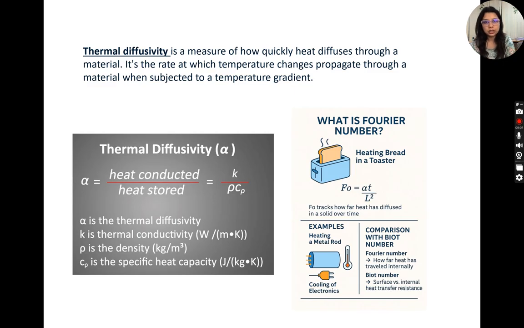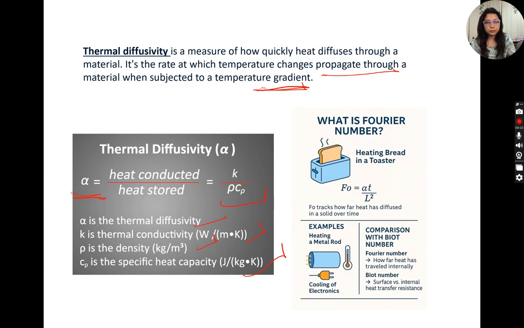It is the rate at which temperature changes propagate through a material when subjected to a temperature gradient. It is defined by the formula alpha equals K by rho Cp, where alpha stands for thermal diffusivity, K for thermal conductivity, rho is the density, and Cp stands for the specific heat capacity.